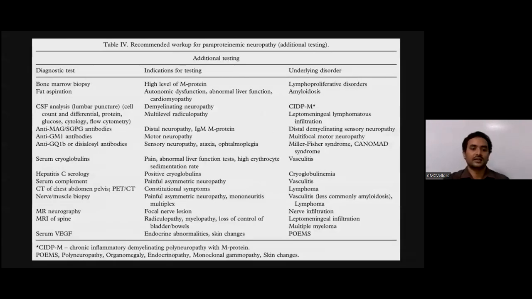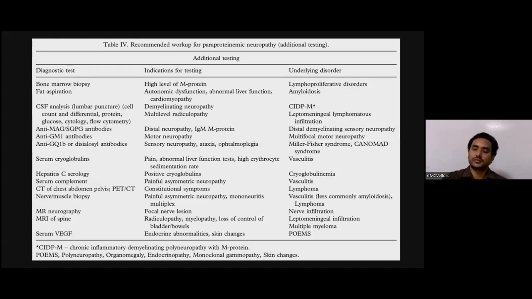These are the other ancillary tests: bone marrow biopsy and fat aspiration, abdominal fat. If you think of any amyloidosis, I want to say that abdominal fat biopsy can be negative many times. There are patients where, in our CMC study of amyloid patients, we had 3 to 4 of them.